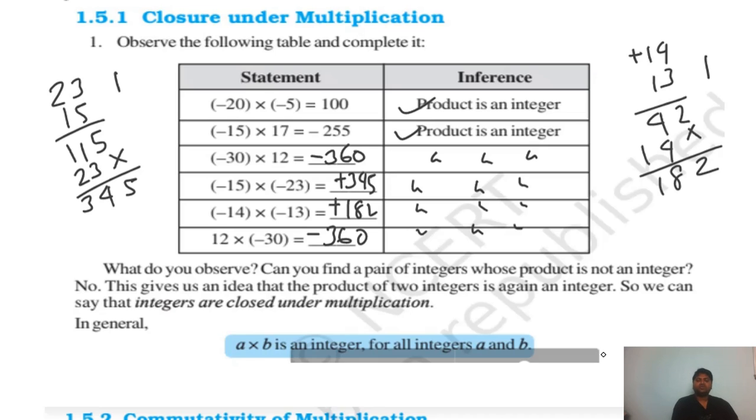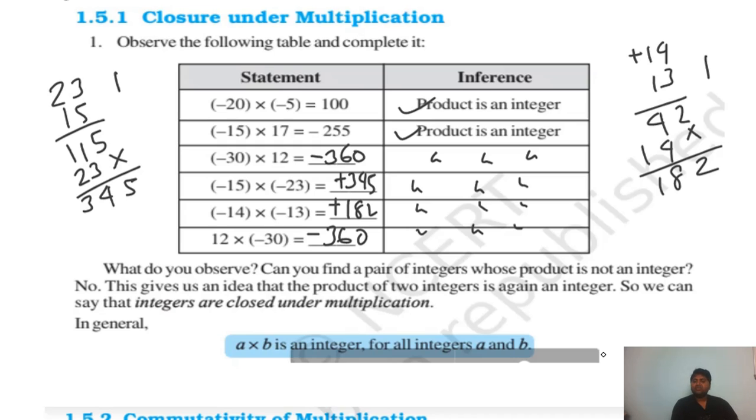Negative into positive gives a negative number, and the product is an integer. Positive into negative gives a negative number, and the product is an integer. What do you observe?